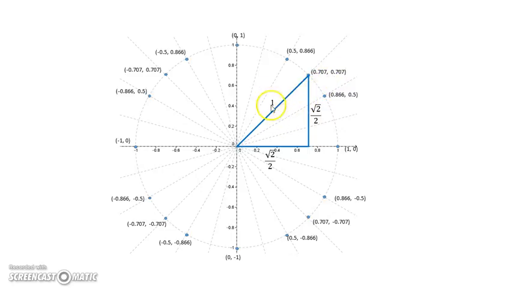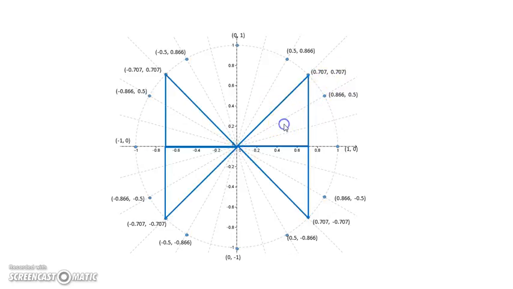But if we take that same triangle and reflect it and reflect it and reflect it, you get these 3 other triangles, and all 4 triangles here are congruent. So all their sides are the same length. Well, the hypotenuses are all 1, and all the other sides are 0.707, 1 on root 2.